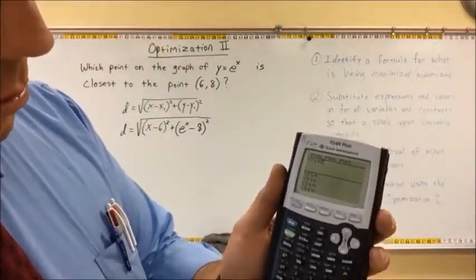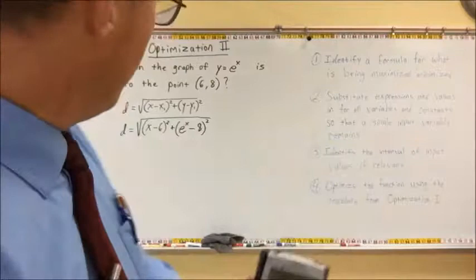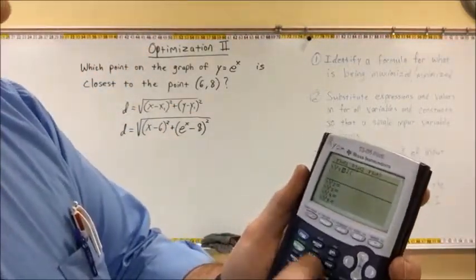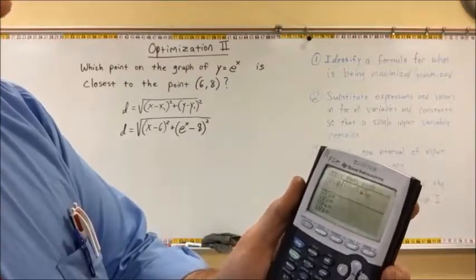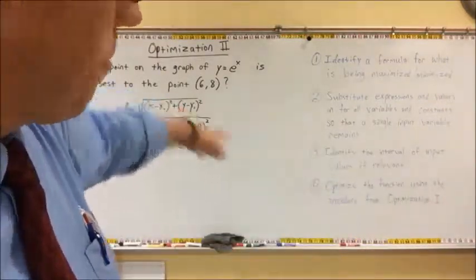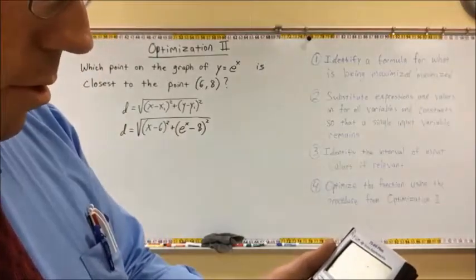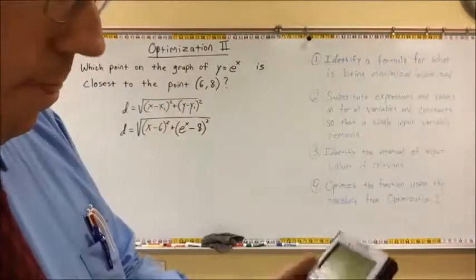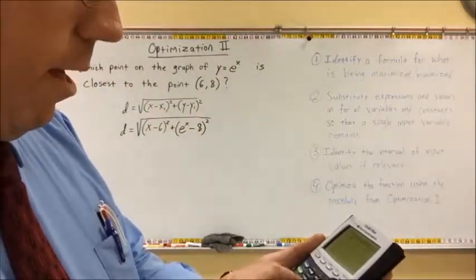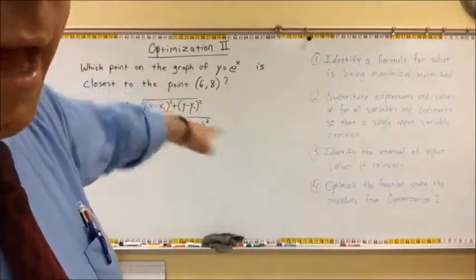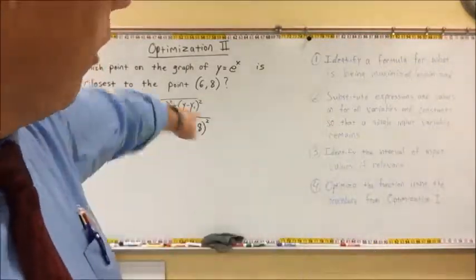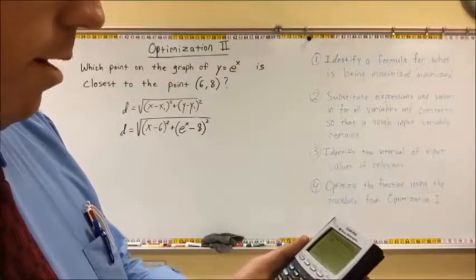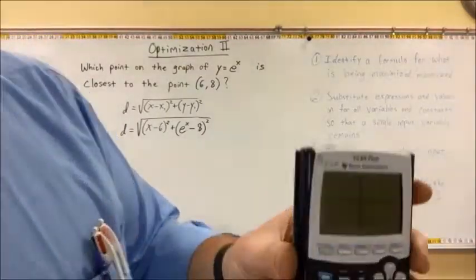We're going to key in the square root of, see, we got parenthesis, x minus 6, close parenthesis squared, plus parenthesis, right? Then we're putting in e to the x power, minus 8, close parenthesis, squared. Close parenthesis squared, and then we're going to graph it. See what it looks like.